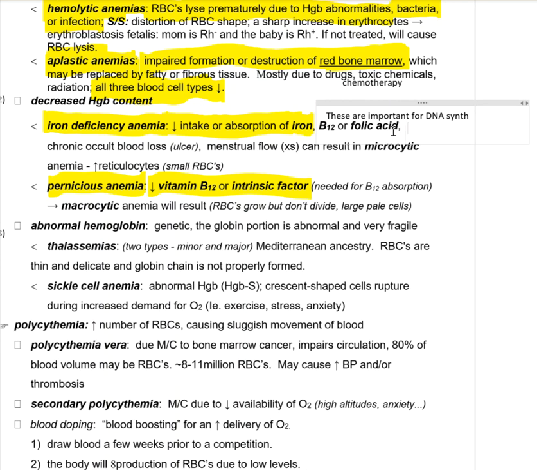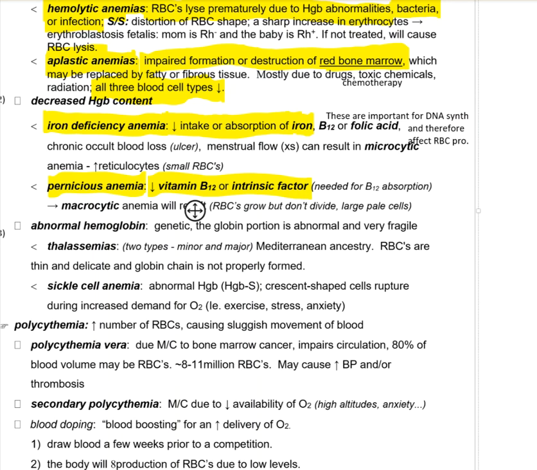DNA synthesis, and therefore affect RBC production. Okay, so if we don't have enough iron, we can't make hemoglobin. Remember, there's an iron group in the middle.